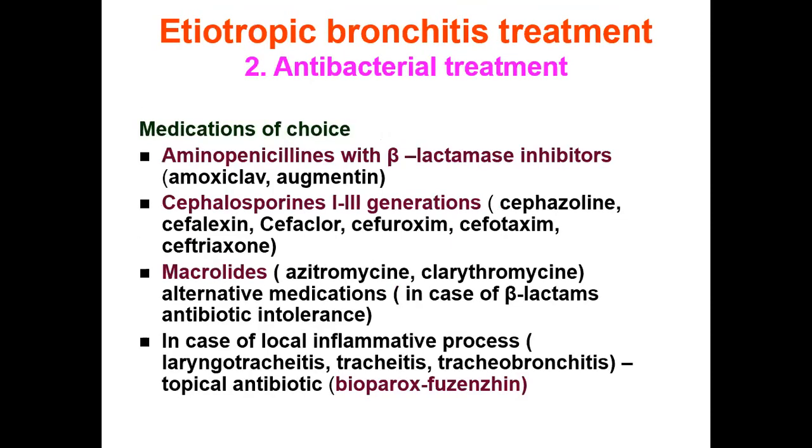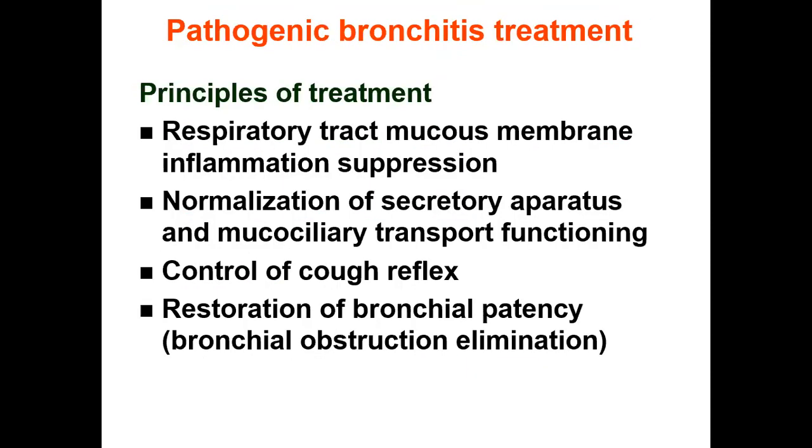Medications of choice: aminopenicillins, cephalosporins of first and third generation, macrolides. Principles of treatment: respiratory tract mucous membrane inflammation suppression, normalization of secretory apertures and mucociliary transport functioning, control of cough reflex, restoration of bronchial patency.